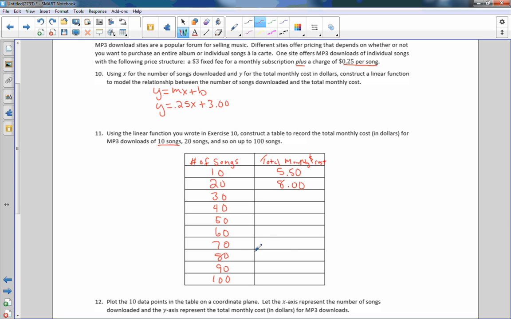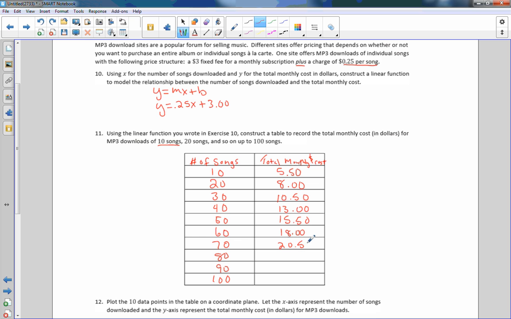So now I have a pattern. Rather than substituting values in and calculating, all I'm doing is adding $2.50 every time. So 8 plus 2.50 is 10.50. 10.50 plus 2.50 is $13. 13 plus 2.50 is $15.50. 15.50 plus 2.50 is $18, and so on and so on.